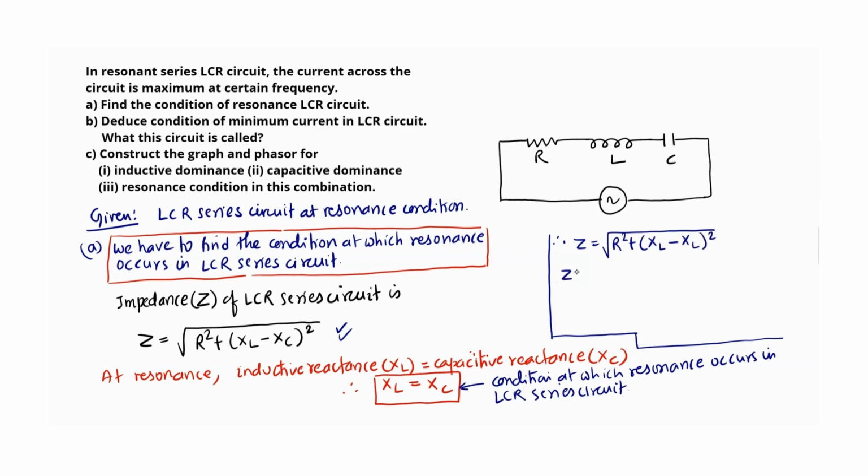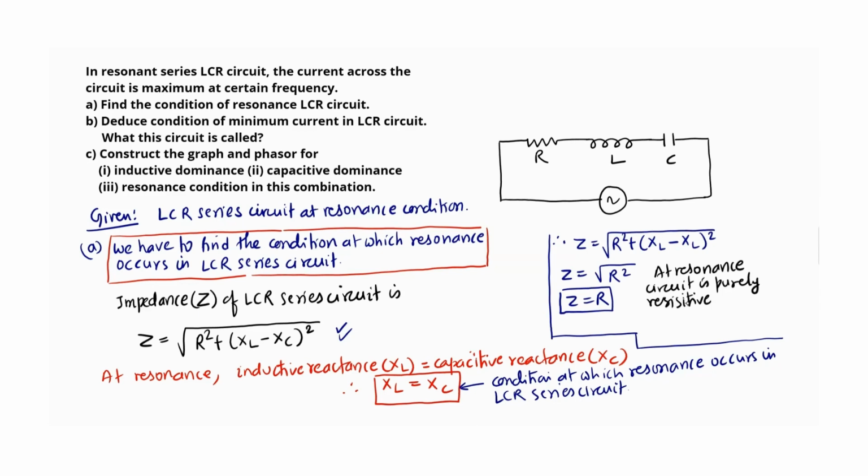Therefore, we can write Z equals under root R square. So we have Z equals R. So at resonance, the circuit is purely resistive.